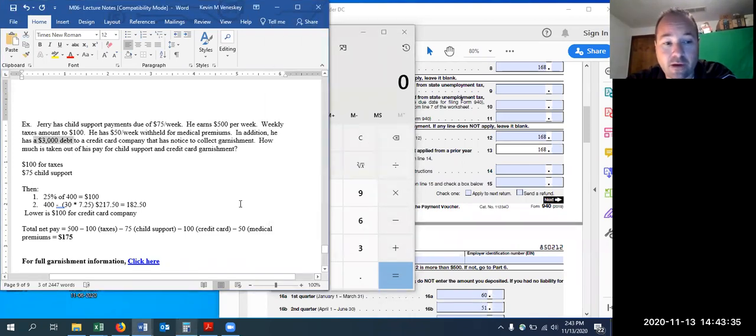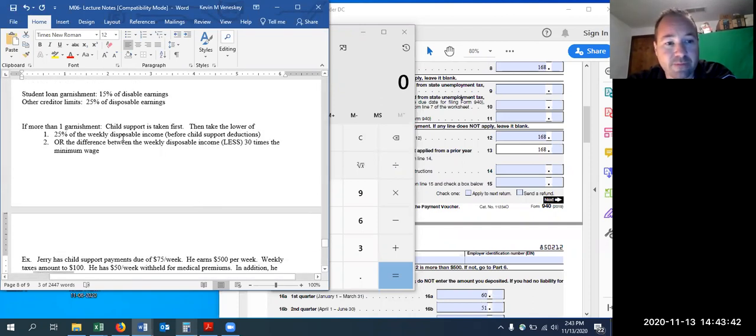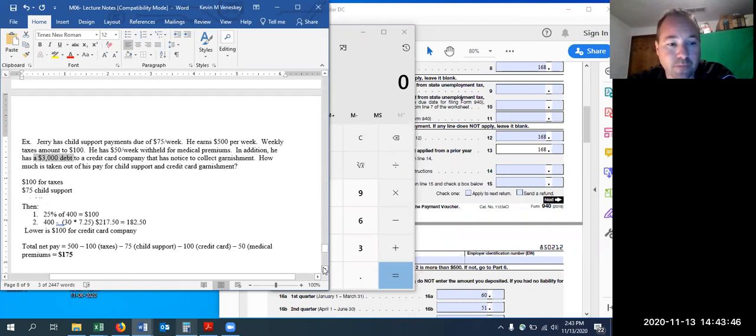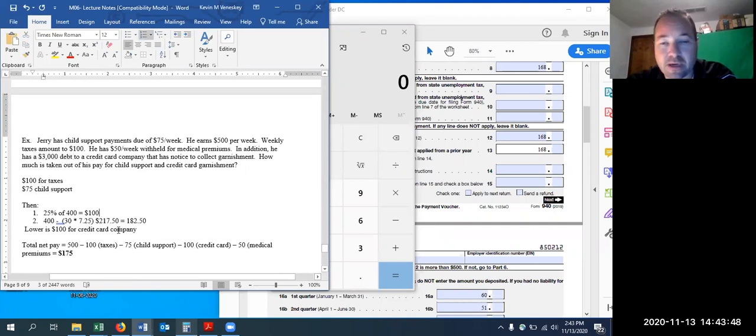Remember, we take the lower of 25% of his weekly disposable earnings, so 100 bucks, or the lower of your weekly wages minus 30 times the minimum wage, 182.